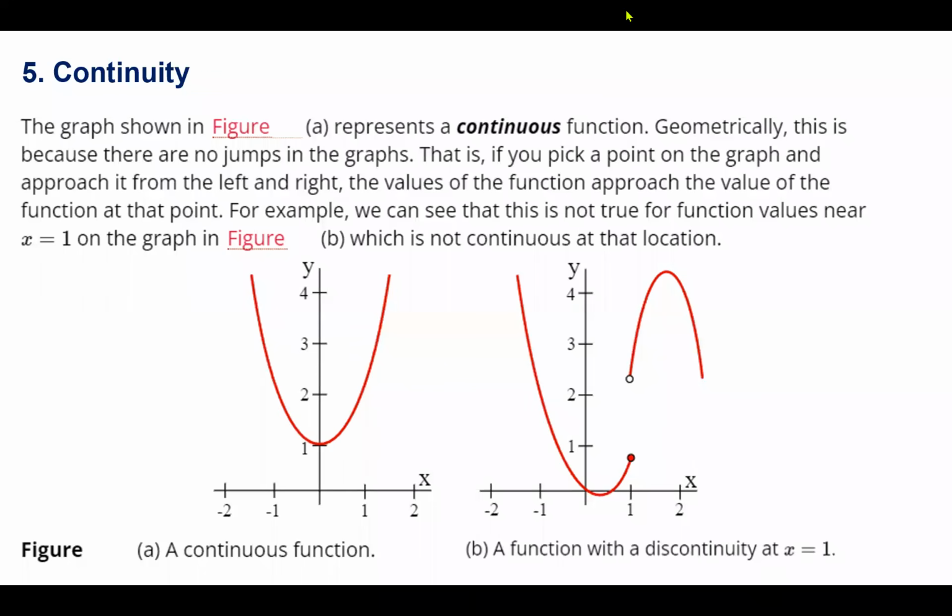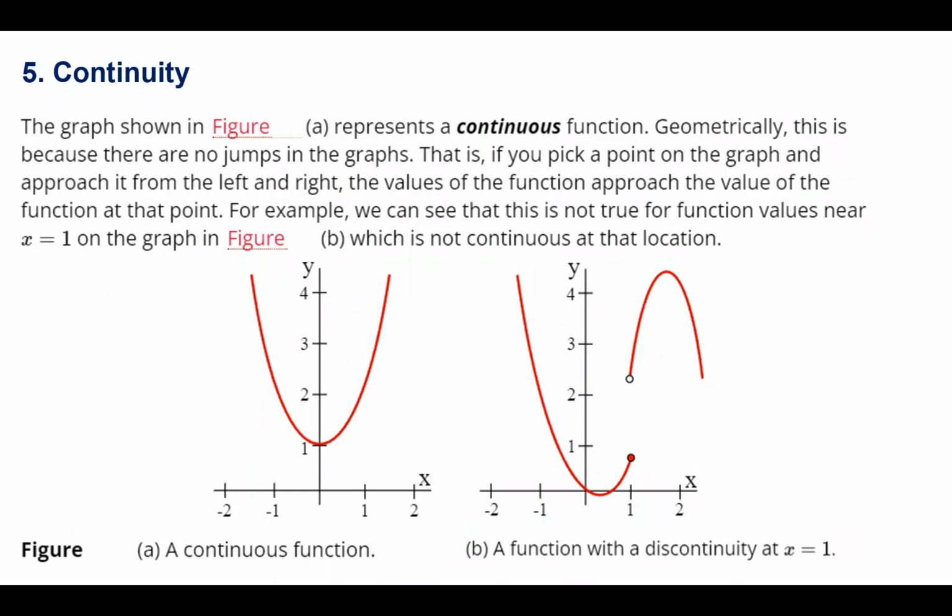Okay, next let's have a look at the concept of continuity. The graph shown here in figure A represents a continuous function. Geometrically, this is because there are no jumps in these graphs.